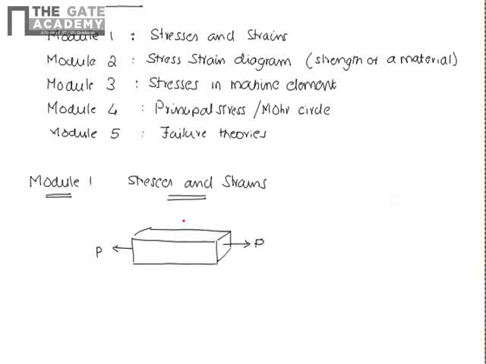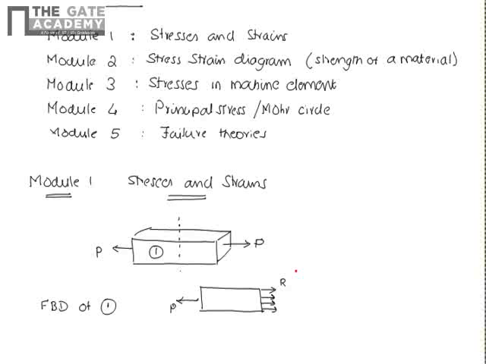So when I take a cross section, when I draw the free body diagram of section 1, what I get is the force P acting here and some internal resisting forces acting on this cross section.